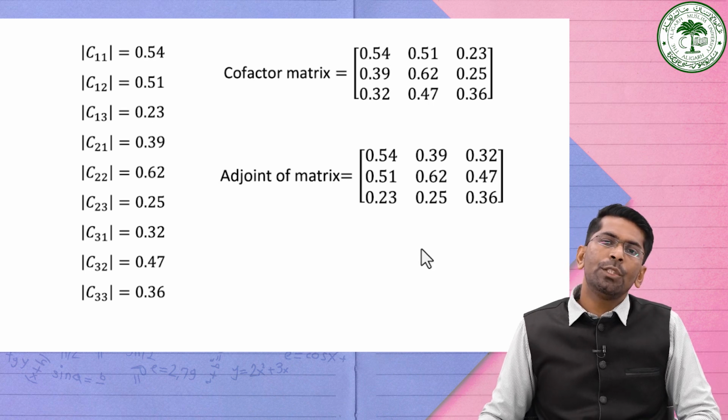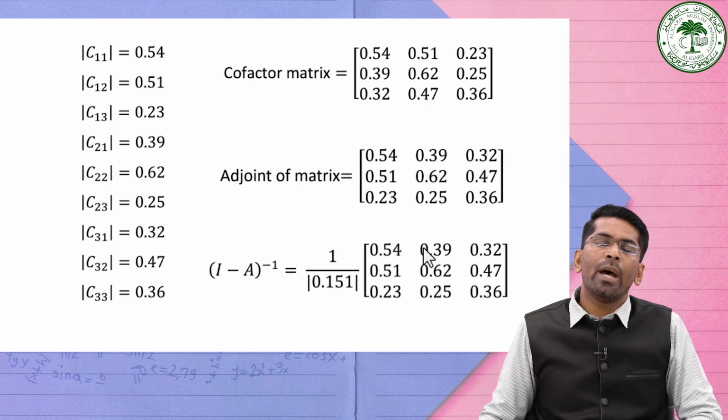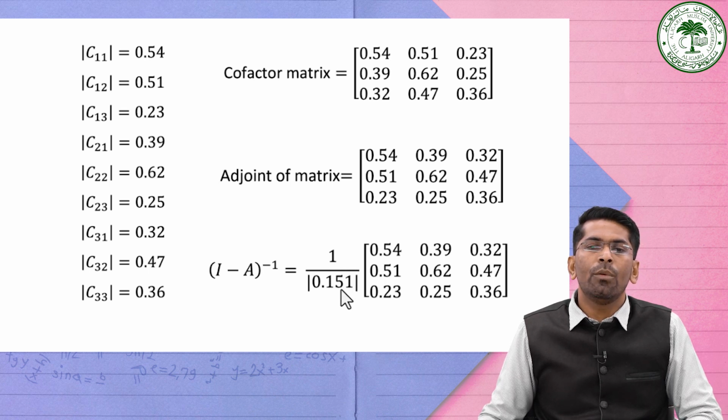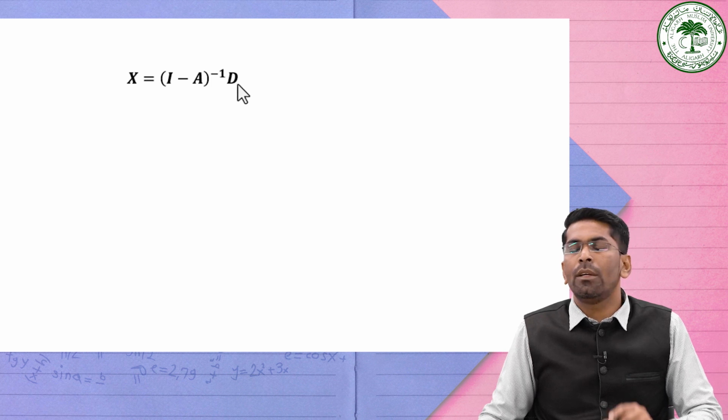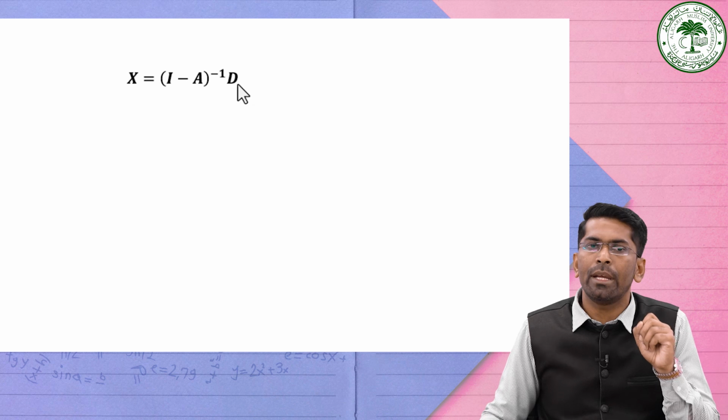After finding the adjoint matrix, the next step is to find the inverse of the matrix. It is equal to 1 by the determinant value, 0.151, into the adjoint matrix which is already calculated here. Multiplying this with the final demand vector D, the total output of each industry can be calculated.